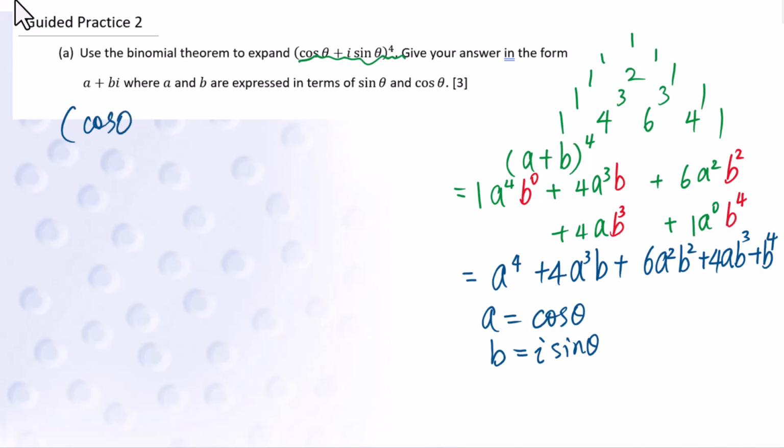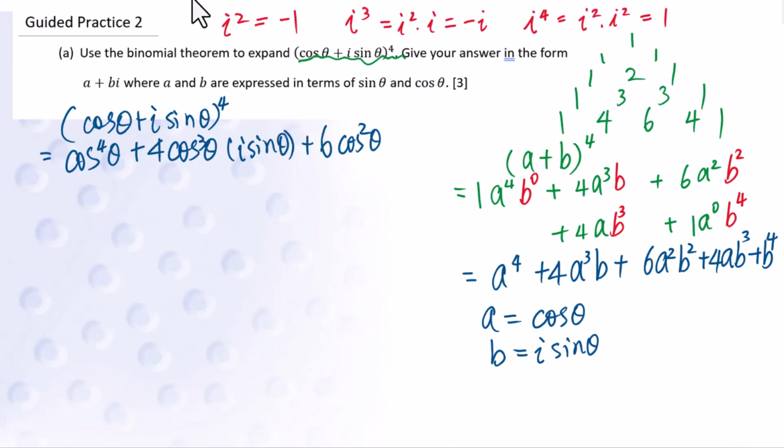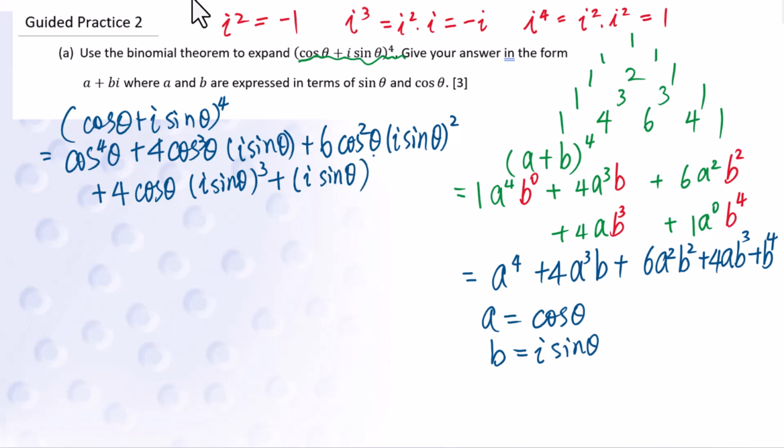So we get (cosine theta plus i sine theta) to the fourth power equals cosine fourth power theta plus 4 cosine cubed theta times i sine theta plus 6 cosine squared theta times (i sine theta) squared plus 4 cosine theta times (i sine theta) cubed plus (i sine theta) to the fourth power.